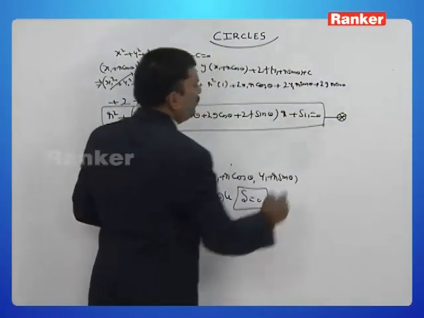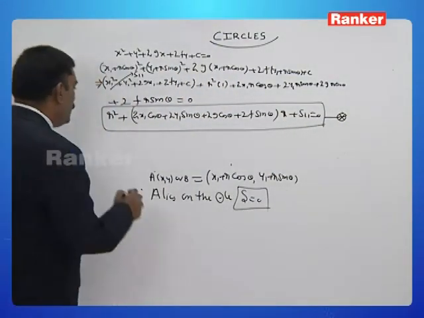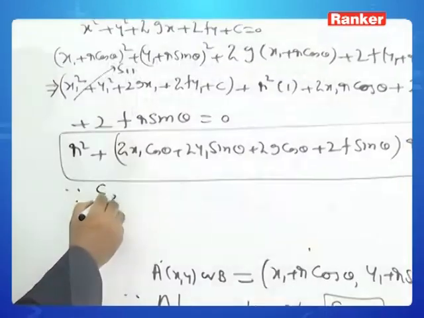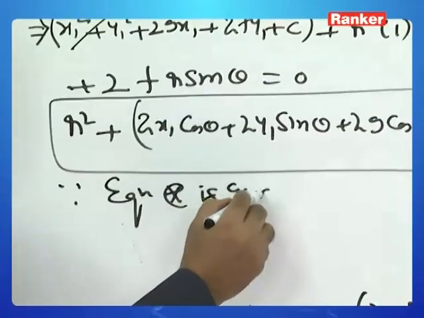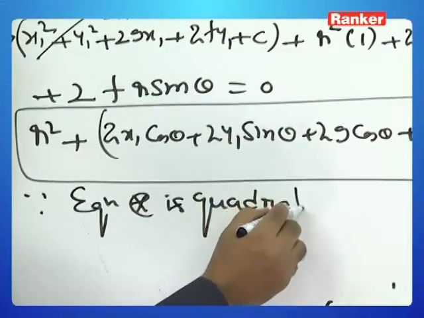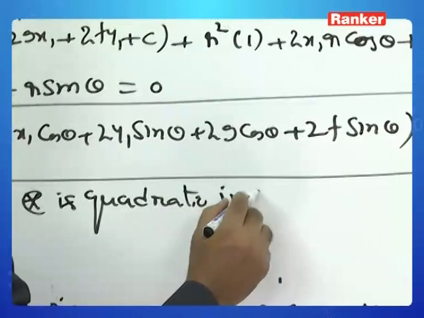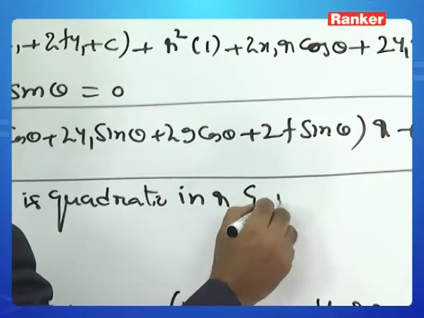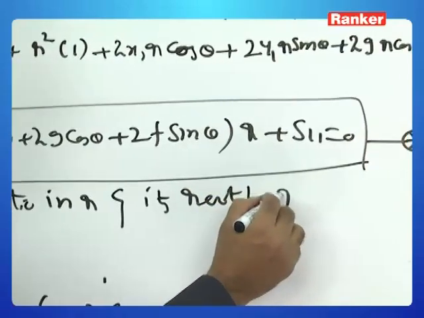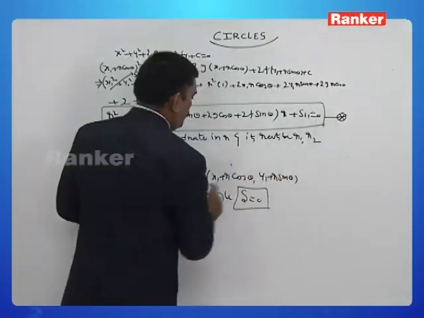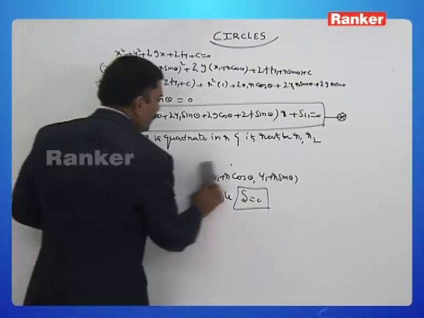You call it equation star. Since equation star is a quadratic in r, and its roots be r1 comma r2.